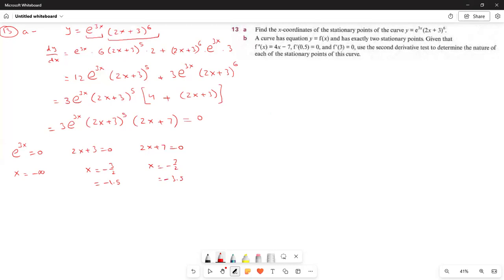Okay, so if x is minus 1.5, what is going to be the value of y? y would be e to the power 3 into minus 1.5, this is the value of x, into (2 times minus 1.5 plus 3) to the power 6. So this is going to be e to the power minus 4.5.